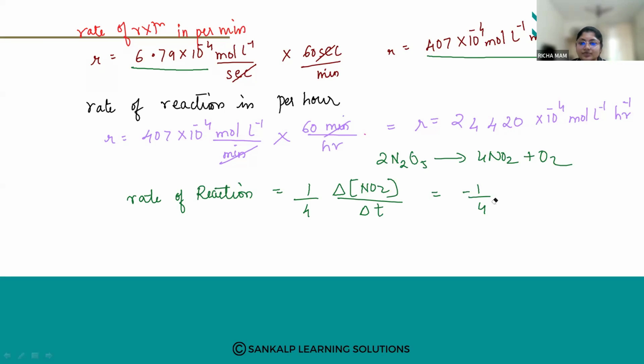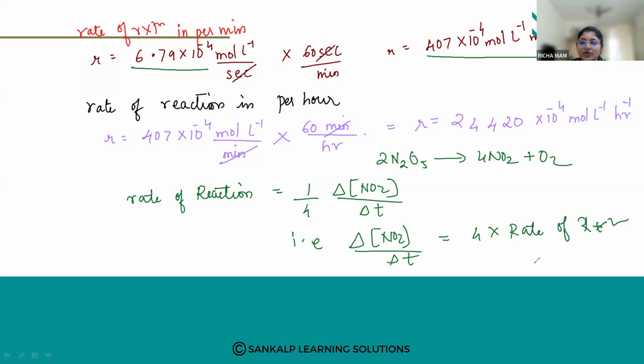So change in NO2 by delta T is equal to 4 times rate of reaction. So what is rate of reaction? 4 into 6.79 into 10 raised to minus 4 mole per liter per second.